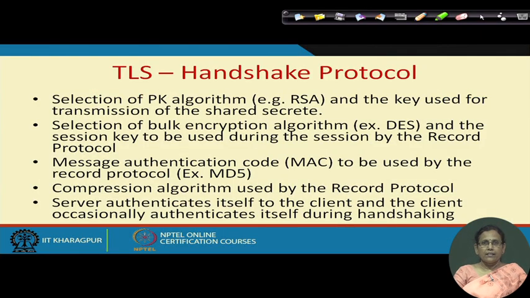So, basically at this stage during the handshaking protocol, the server authenticates itself and the client occasionally authenticates itself to the server. But during this authentication process, the key exchange has to take place, and both the parties must decide. First the key exchange has to take place, so both the parties must have the same algorithm to decrypt the information about the key. So, some negotiation has to happen between client and server.